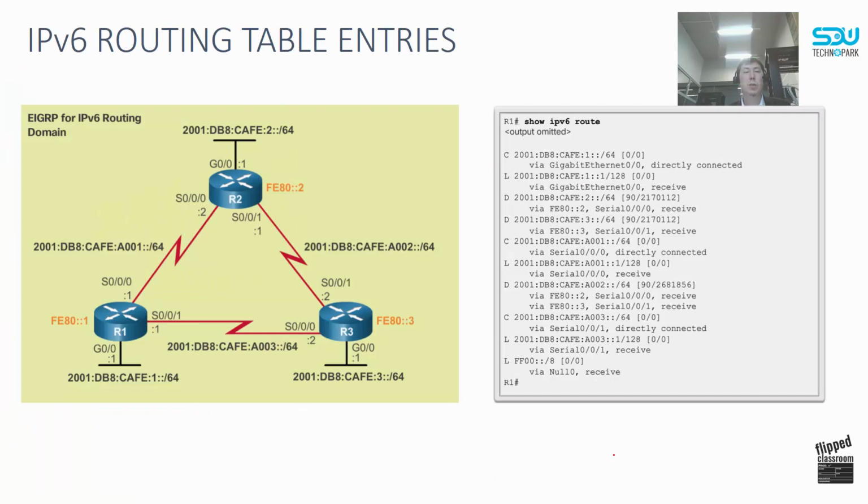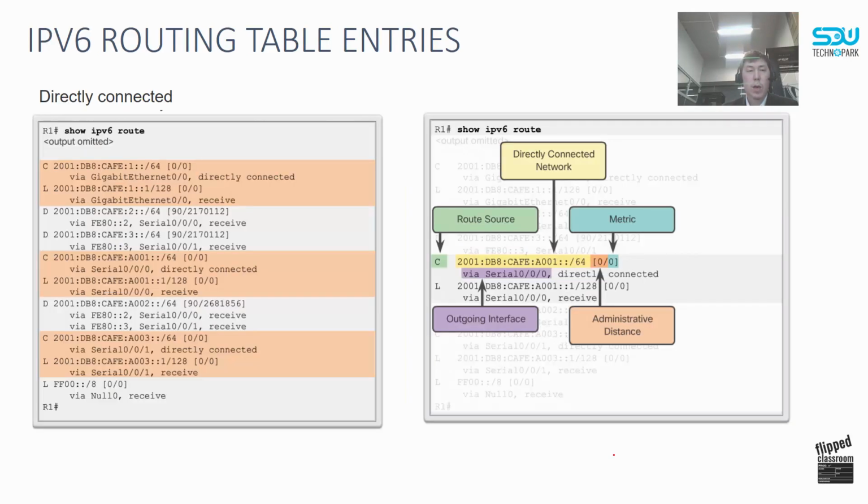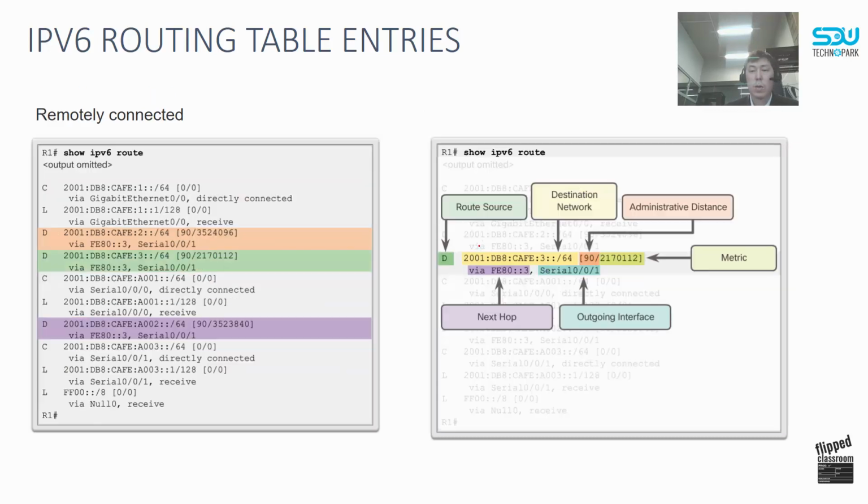IP version 6 routing table entries. It is familiar from the IP version 4 table entries, so we have directly connected networks. They are also defined with the C and L, and we have the information about the administrative distance and the metric, and via which outgoing interface we are connected.